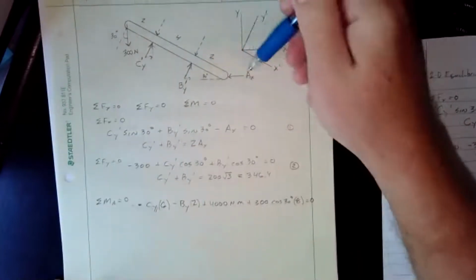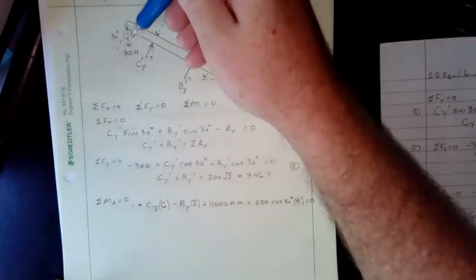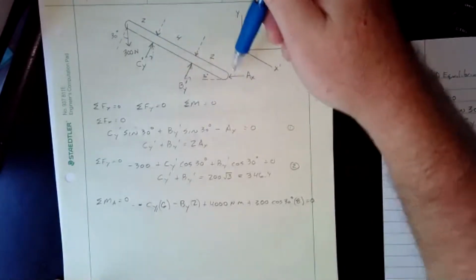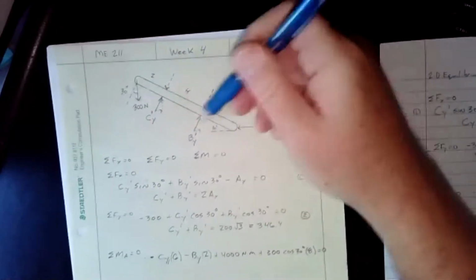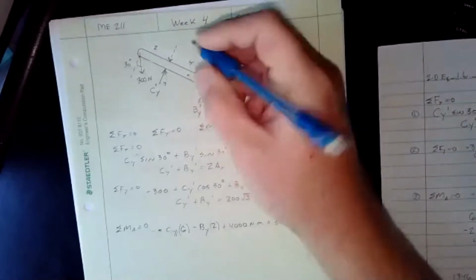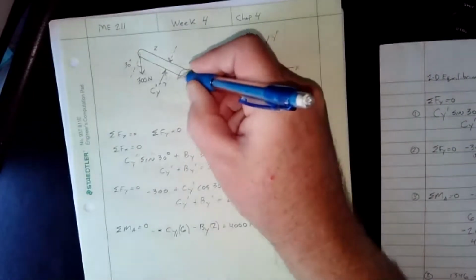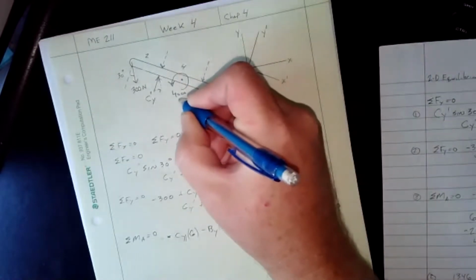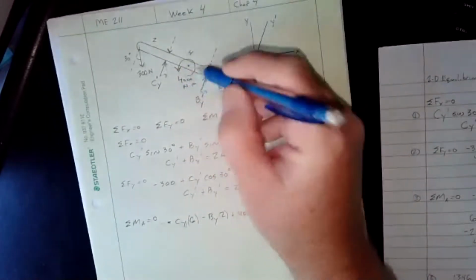You have BY pushing at a distance of 2, CY at a distance of 6, the 300 going counterclockwise at a distance of 8, but only part of it, just the cosine 30. And then of course you have the 4000 Newton meter moment, which I didn't write in. So definitely write in every force. That's my mistake. I apologize for leaving out that moment.